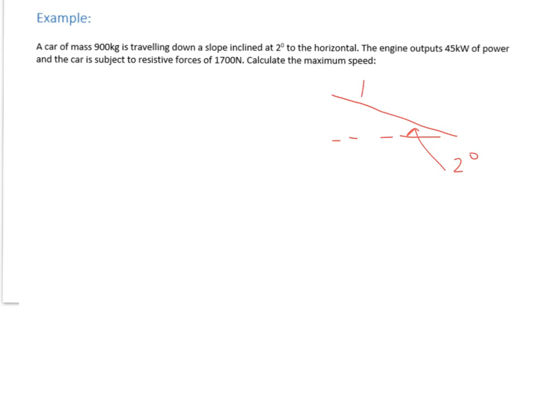We've got mass of 900, so that's going to be 900 g acting that way. It outputs a power of 45 kilowatts, so that's going to be 4.5 times 10 to the 4 watts. And the resistive force is 1700.